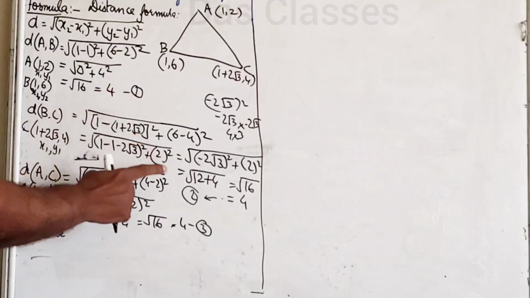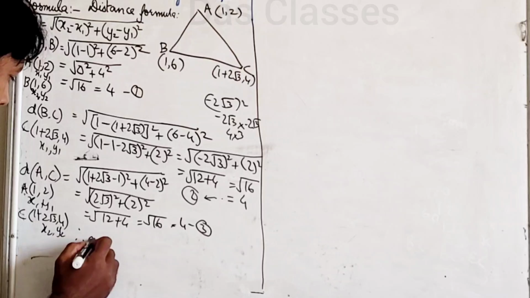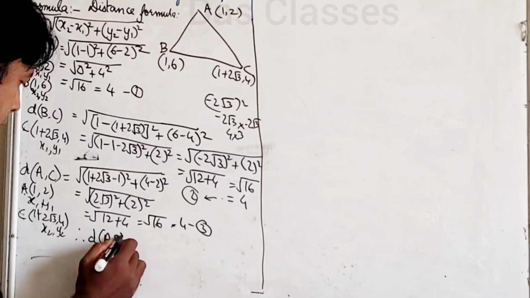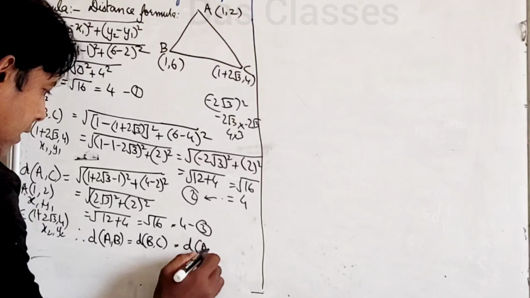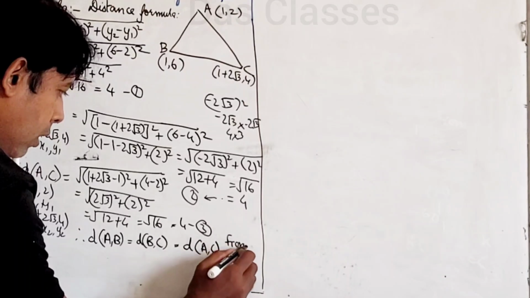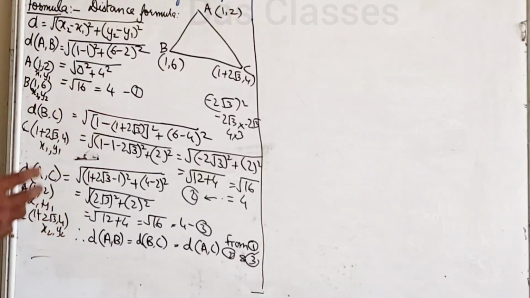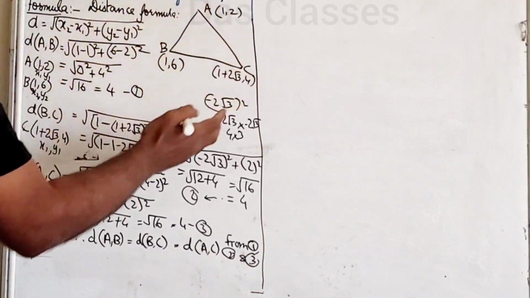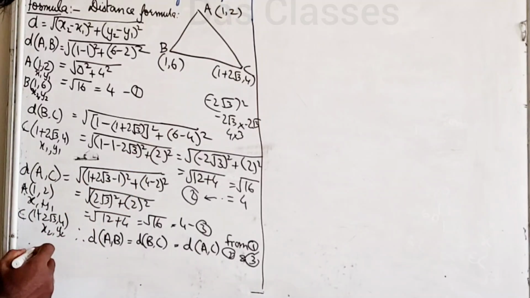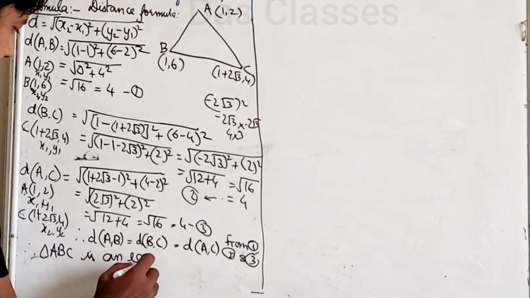So from 1, 2 and 3, what we see is, therefore distance AB is equal to distance BC is equal to distance AC, and as all the distances are equal, means the lengths AB, BC and AC are equal, therefore triangle ABC is an equilateral triangle.